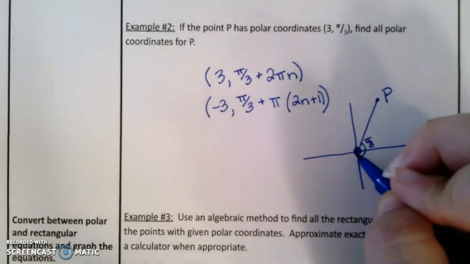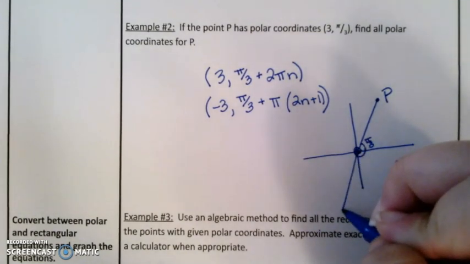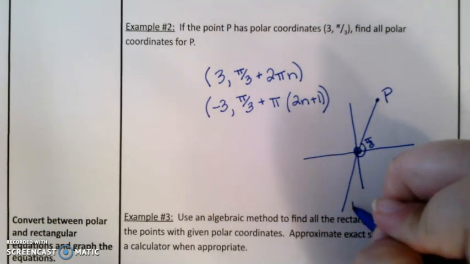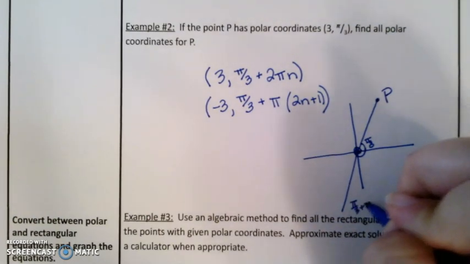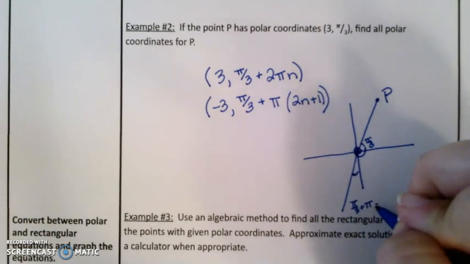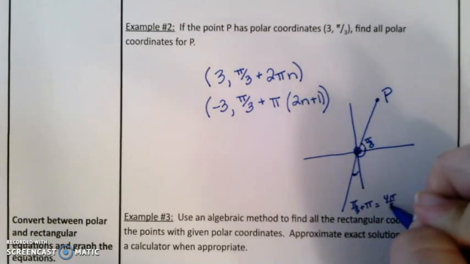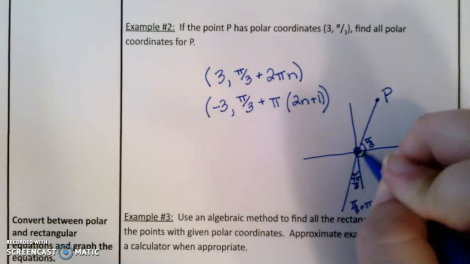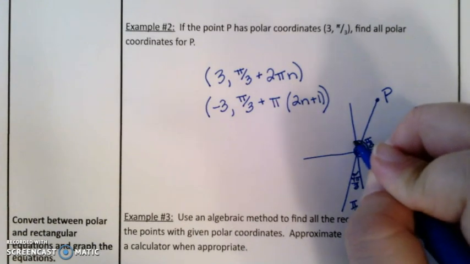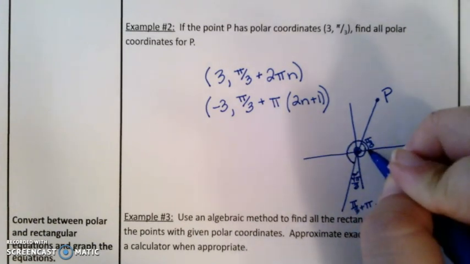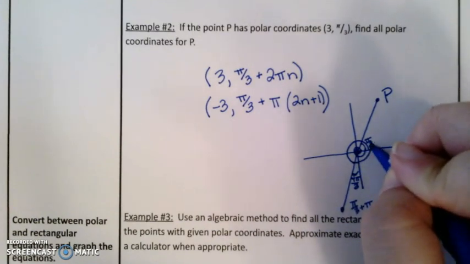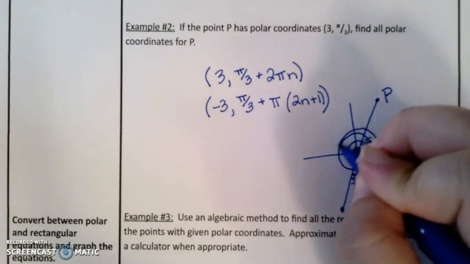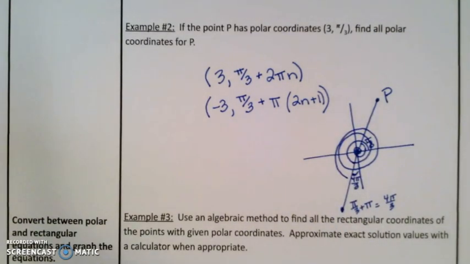Or I could go down here to pi over 3 plus pi, and this angle here would be 4 pi over 3. And then I could go around as many times as I want after that. Okay, so that's what that n does.